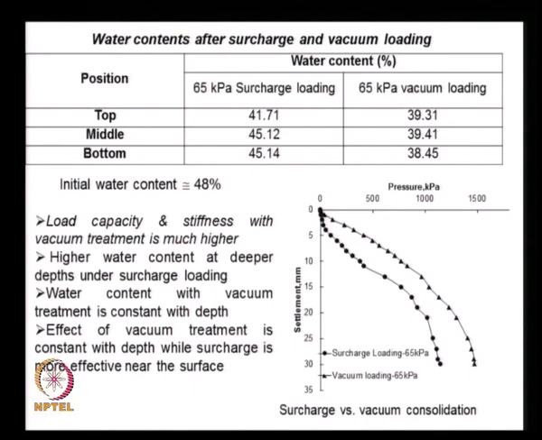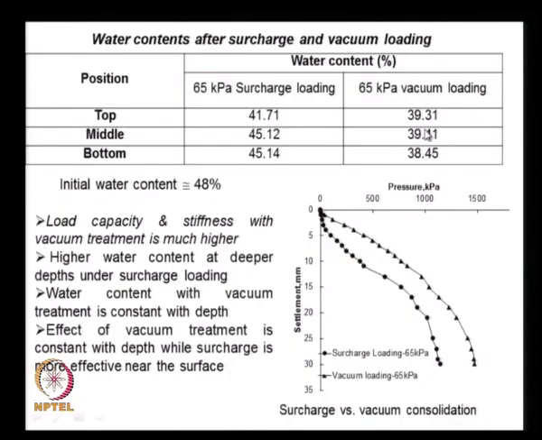In both cases a tank was treated by surcharge loading or vacuum treatment, and with vacuum treatment the water content was found to be constant with depth, whereas with surcharge loading at the top the water content is reduced from an initial 48% to about 42%, while at the middle and bottom the water content is relatively high at 45%. With the vacuum treatment the water content is constant with depth at about 39%.